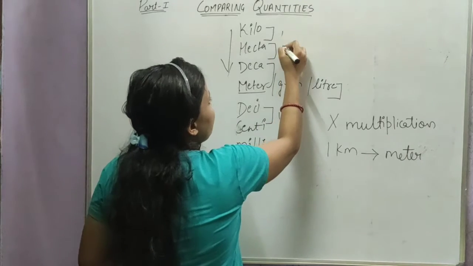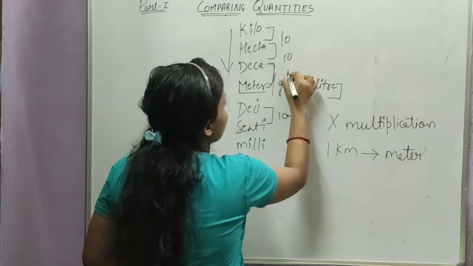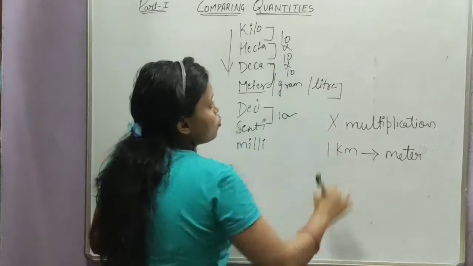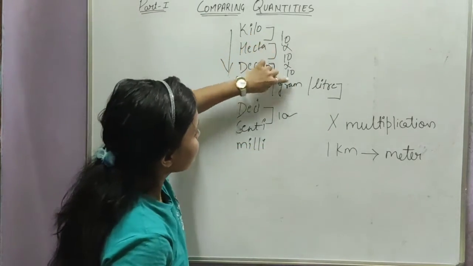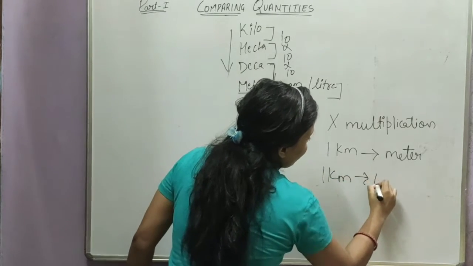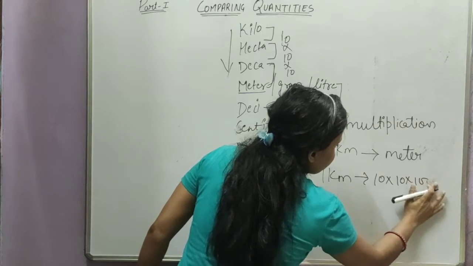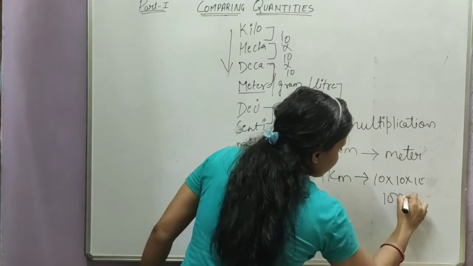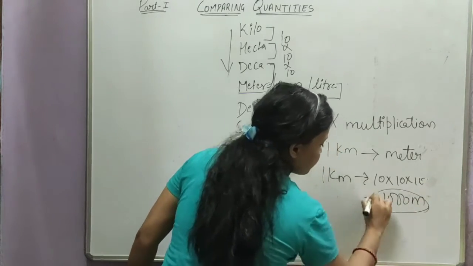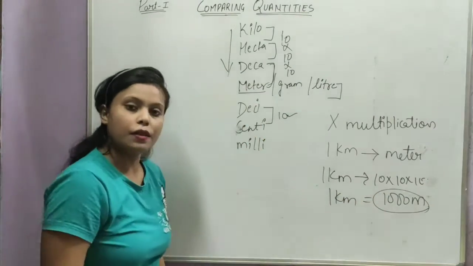This step contains 10 units, this step contains 10 units and this step also contains 10 units. So multiplication of these 3, that means 1 kilometer will be equal to 10 multiply 10 multiply 10, that is 1,000 meter. Okay, 1 kilometer is equal to 1,000 meter.